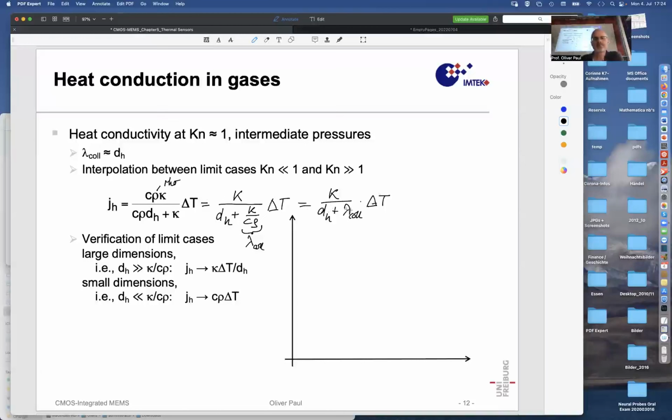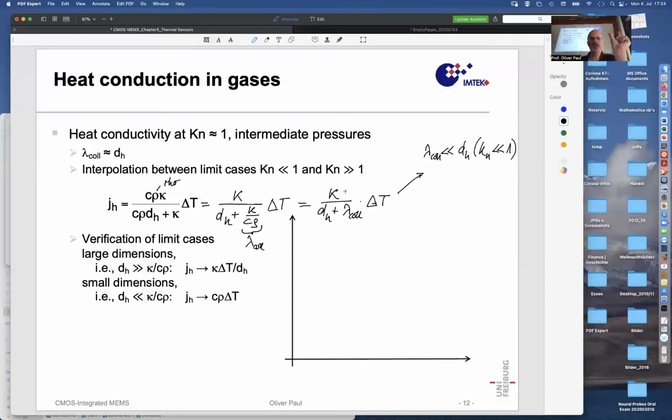If lambda collision is much smaller than the physical separation distance between the hot and the cold structures, so let's say lambda collision much smaller than dH, this is equivalent to Knudsen number being much smaller than 1.